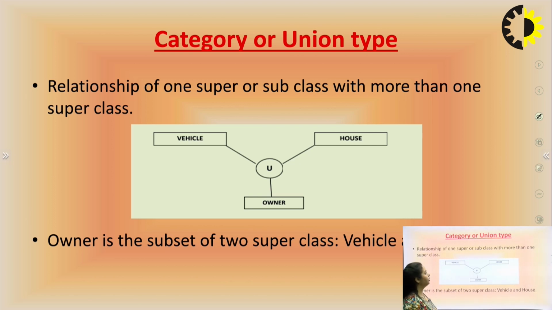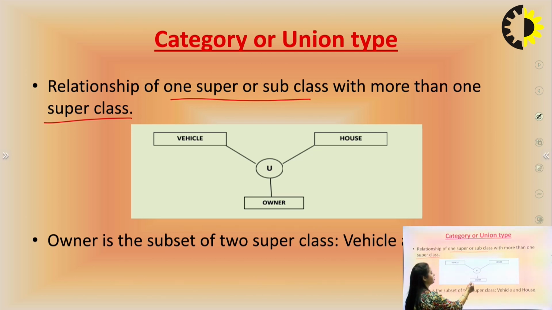Next is category or union. When we combine two or more entities into a single entity, it is known as category or union. It is the relationship of one subclass with more than one superclass. Here, there is no concept of super or sub; they all may be superclasses, or they all may be subclasses.